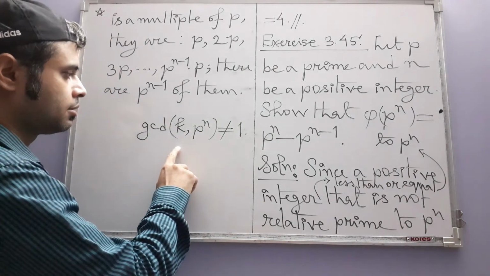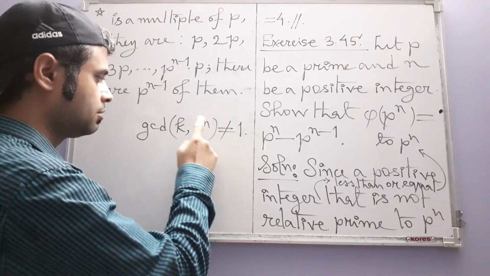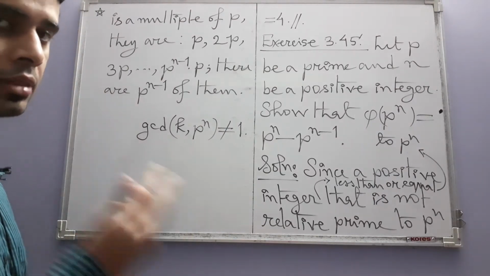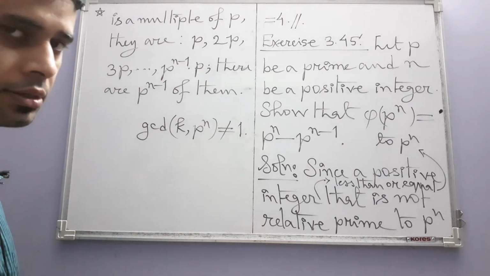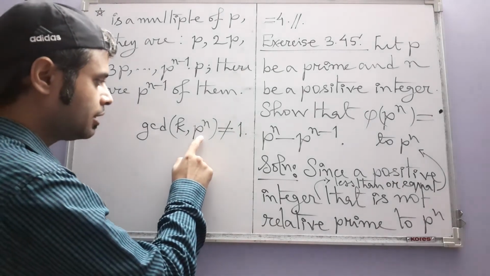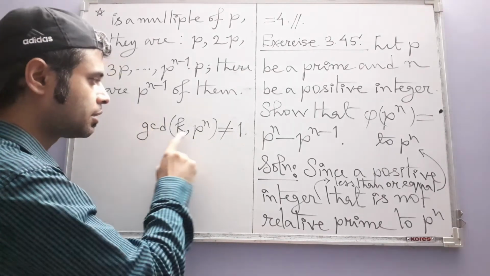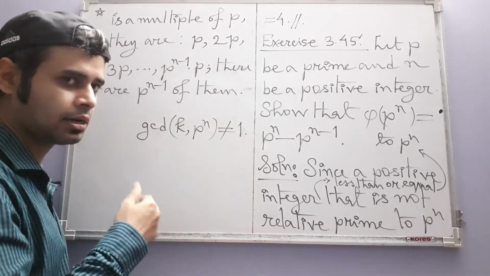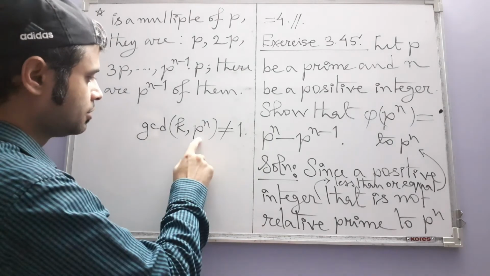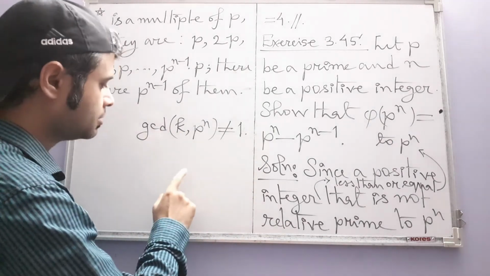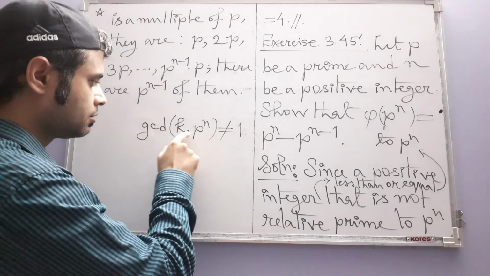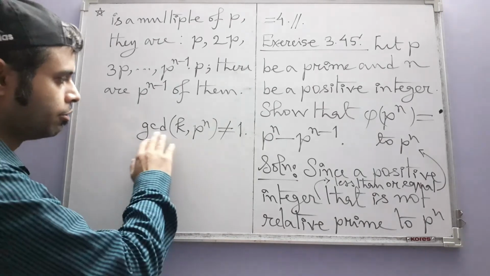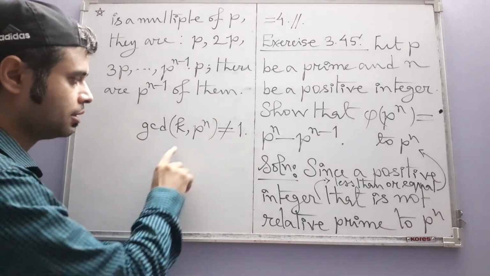That means there is something which divides both k and p to the power n, and that something is other than 1. It is a positive integer greater than 1. Now we already know how the positive divisors of p to the power n look besides 1. They are all powers of p. So that means if such a thing exists, then p should divide k, because there is no other choice. No other prime is involved in this.